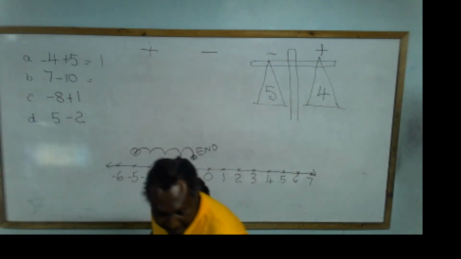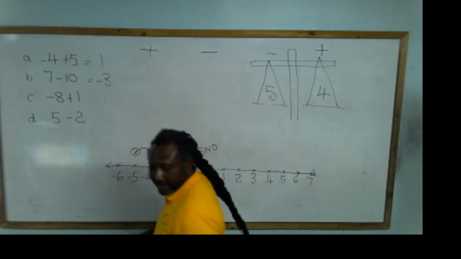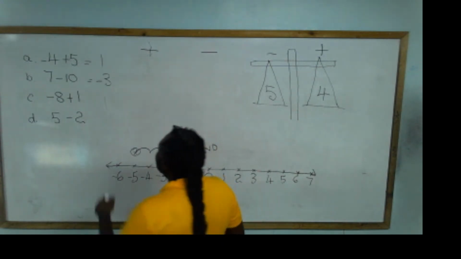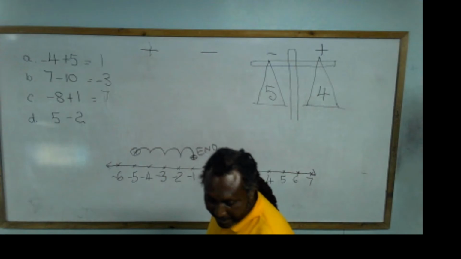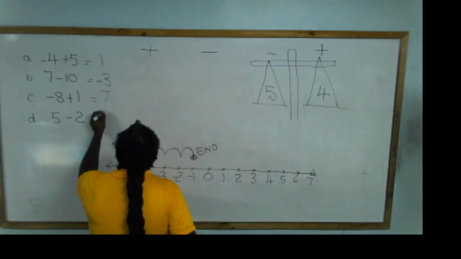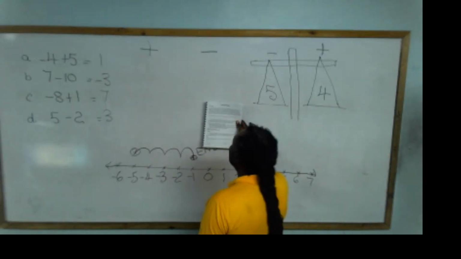B is -3. C is -7. And D is correct. Let's go to the next exercise.